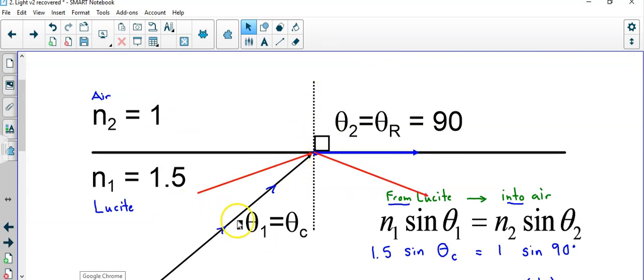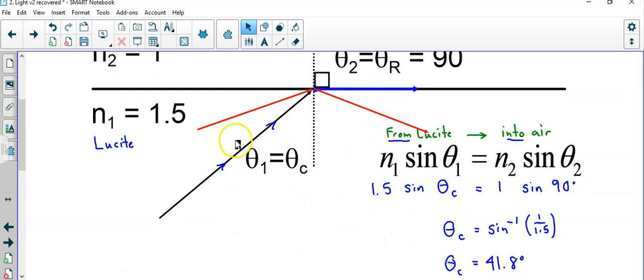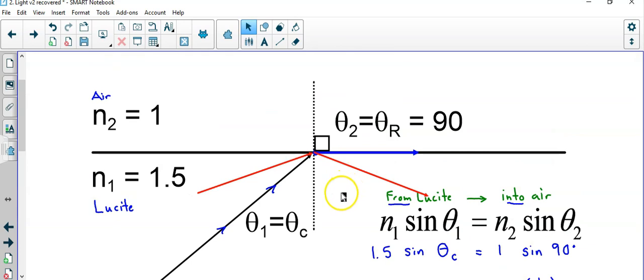But any angle of incidence greater than 41.8 degrees, like you see here, this red arrow is beyond the 41.8 degrees, you will have total internal reflection, like you see on this side. So the angle between the normal and the incident ray is equal to the angle between the normal and the reflected ray. And that concludes our explanation of the critical angle and total internal reflection.